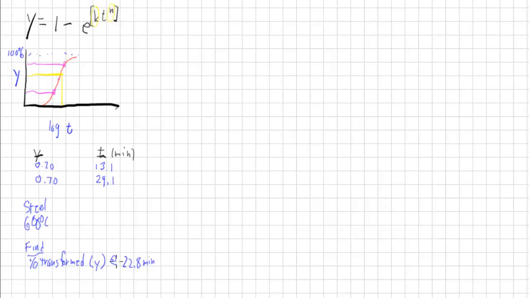But we can't just plug in 22.8 minutes to this equation again because we don't know the k and we don't know the n. We know the t, we know e, we know 1, and we don't know y. That's what we're trying to find here. So we need to use these values to find k and n. Then we can plug in our time here, evaluate this whole right hand side of the equation, and then find our percent transformed.